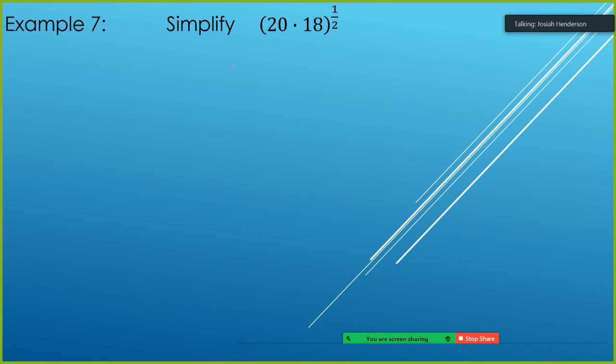You know what? This almost looks like one of the last steps in example 6. So this one says simplify 20 times 18 to the 1/2 power. So we want to take as much out. Okay, back to what I said in the beginning. We want to get as much out of here as possible.